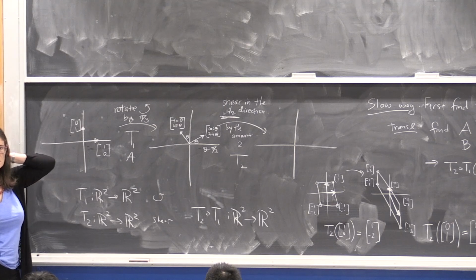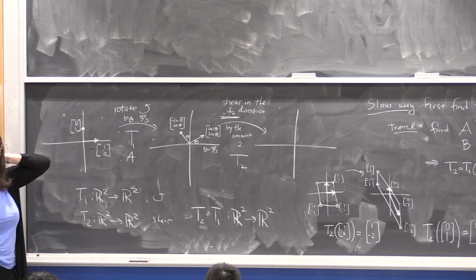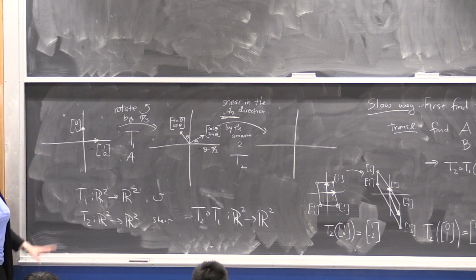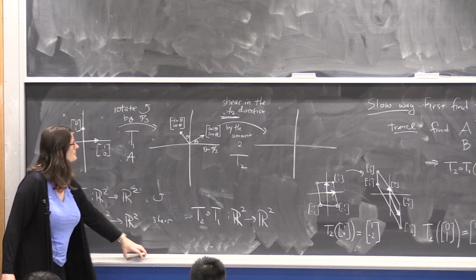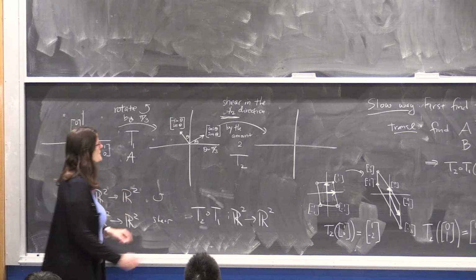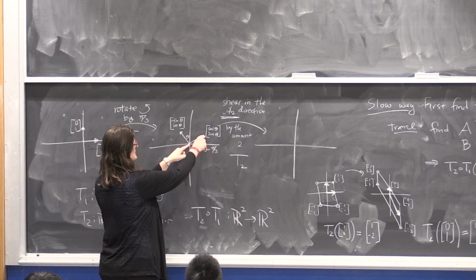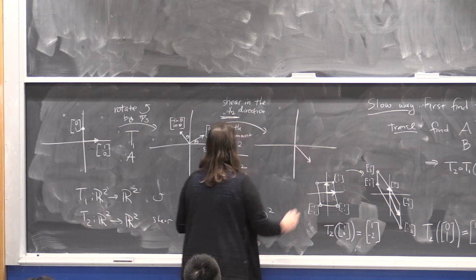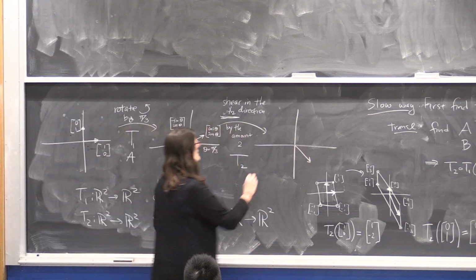So do you think you can do this on your own, or do you need help? Yeah. Need help. Okay. That's all right. Help is good. So let's start. This vector is going to get sheared downwards, and this vector is going to get sheared upwards.